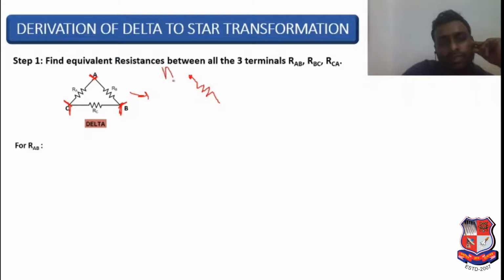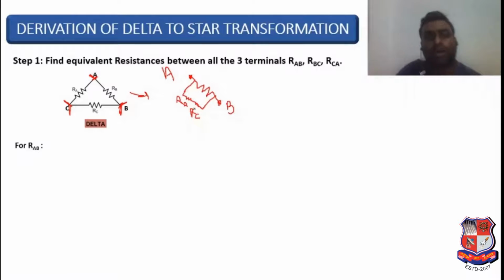This point is A, this point is B, and across this there will be two resistors, one is RA and this one is RC. So the series of RA and RC is connected in parallel with RB. It means that RAB will be equal to RB parallel with RA plus RC.